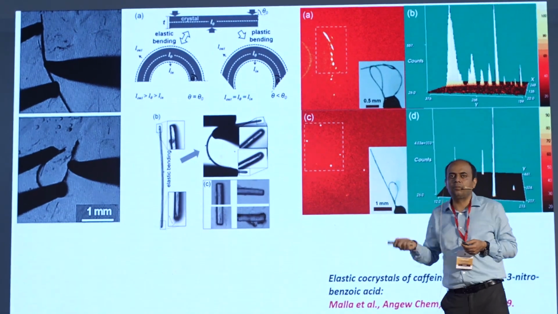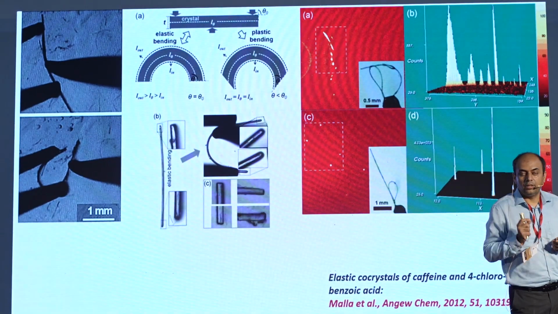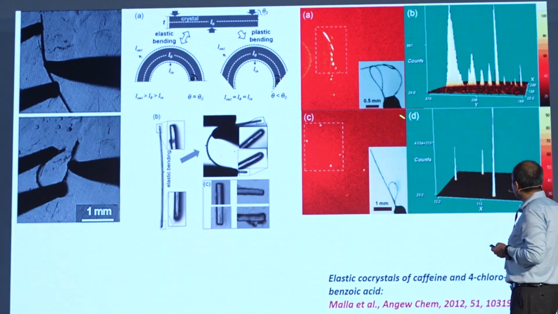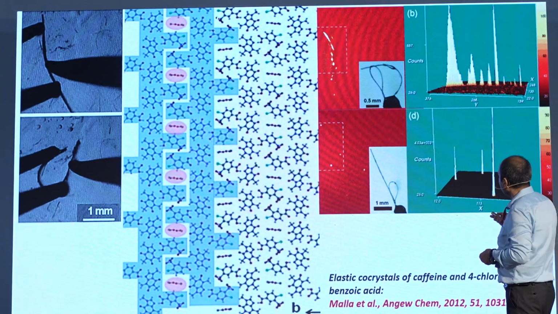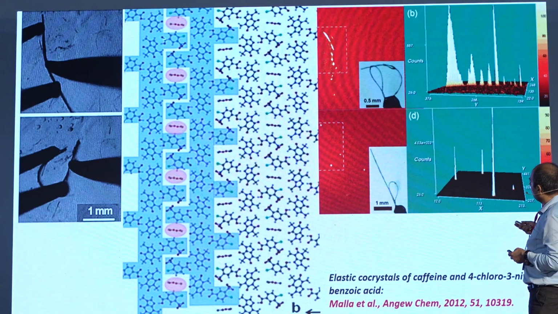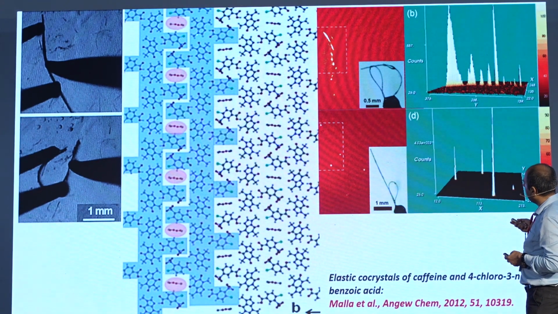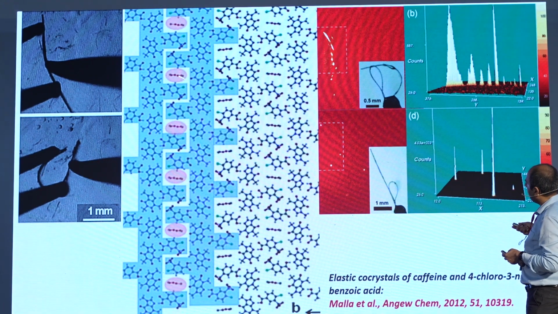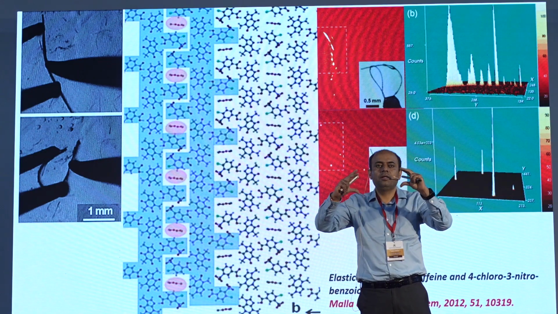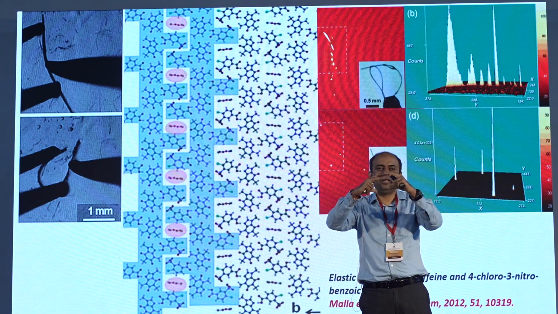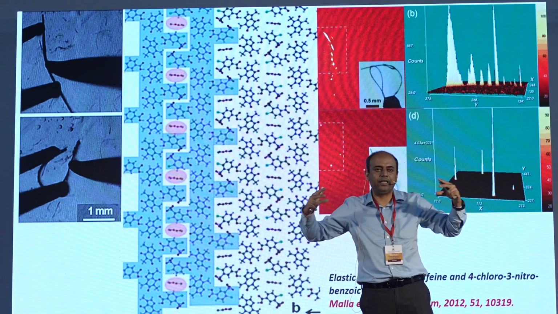So these kind of observations are proposed to look at what happens to a crystal in the bent region compared to the unbent region. And the elastic property was proposed due to this interlock structure. You can see this is the interlock structure. So when you have the interlock structure and you apply stress, then these layers will bend, but they will not buckle completely, because this interlocking prevents the permanent migration of molecules.